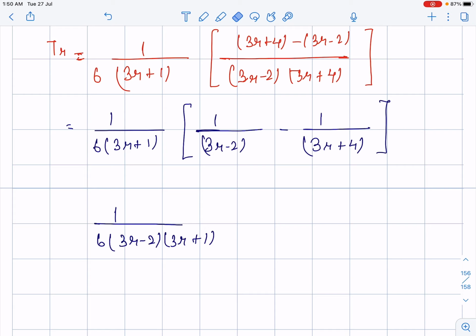Let's write 6 outside the bracket, so the whole is multiplied by 1 by 6, minus 1 divided by 3r plus 1 multiplied by 3r plus 4.